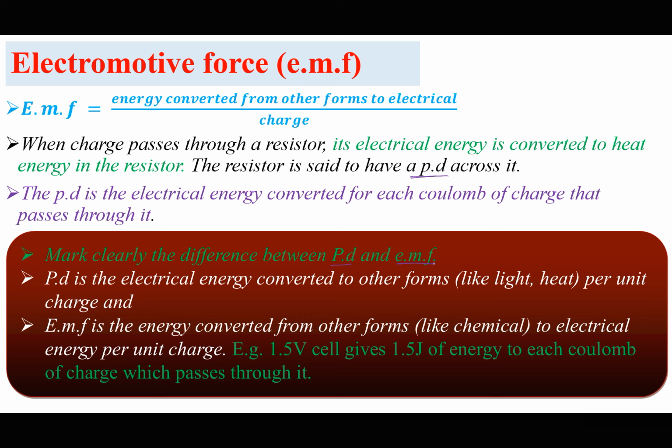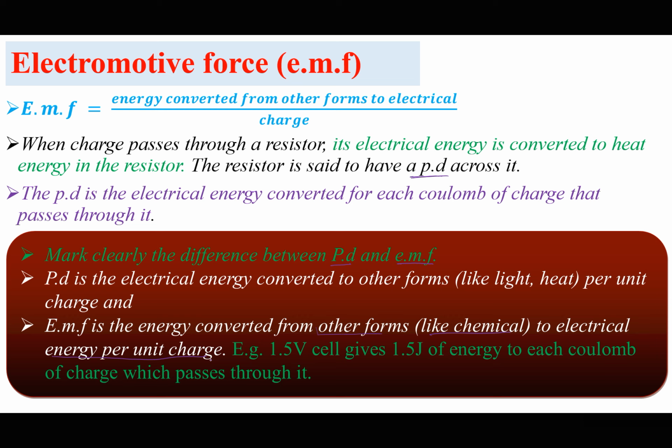PD is the electrical energy converted to other forms per unit charge. Energy transferred in the circuit per unit charge, that is PD. Yet EMF is the energy converted from other forms, especially chemical, to electrical per unit charge. That is the major difference.